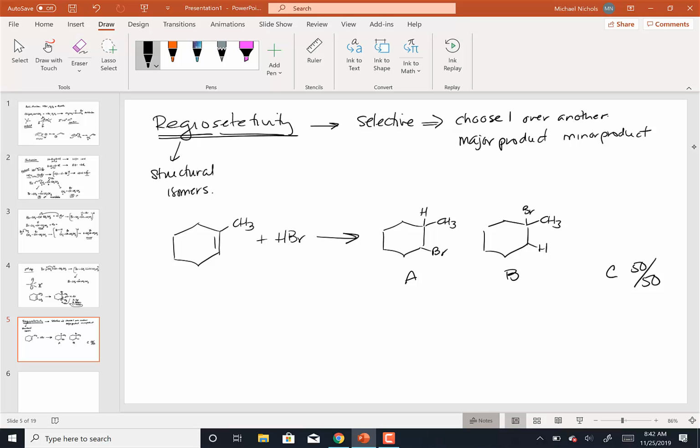A, B, or they're 50-50? Twelve, 7, 4. Kind of hoping for better than that, but discuss.